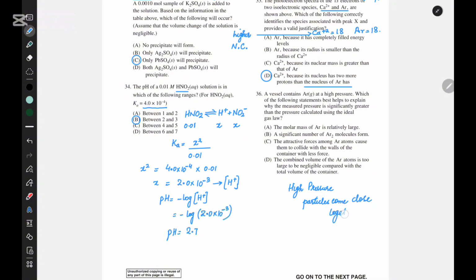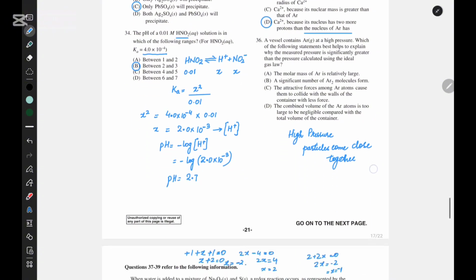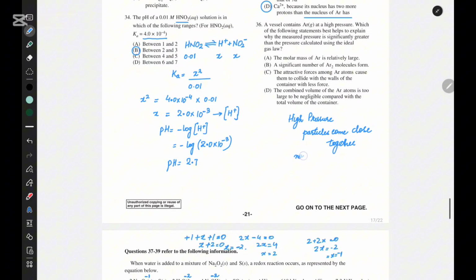So if they come close together, now they have more space to move around and hit the wall of the container with more force.